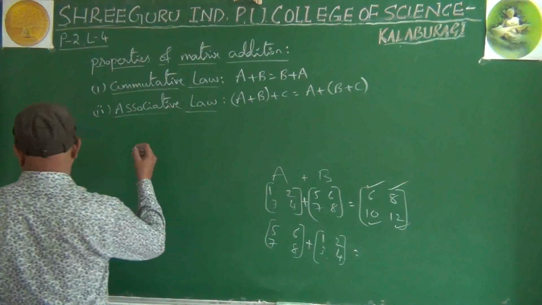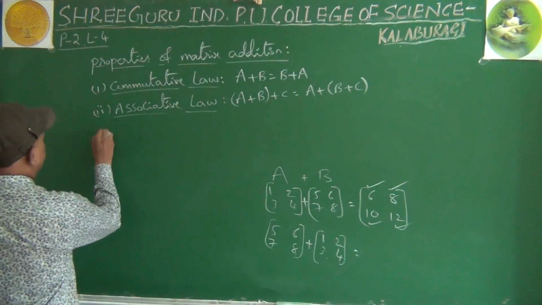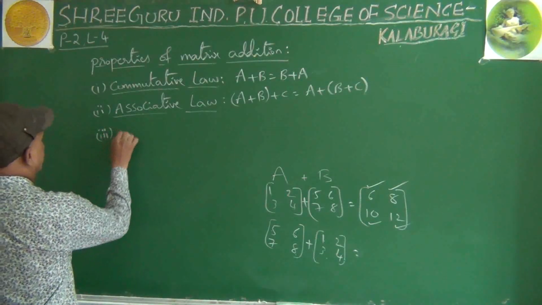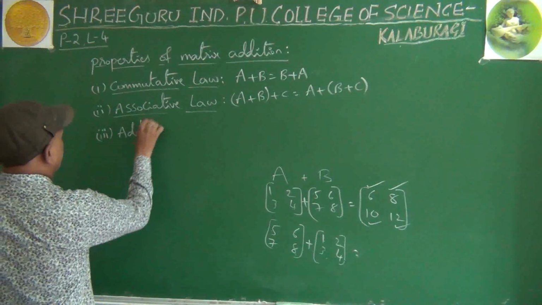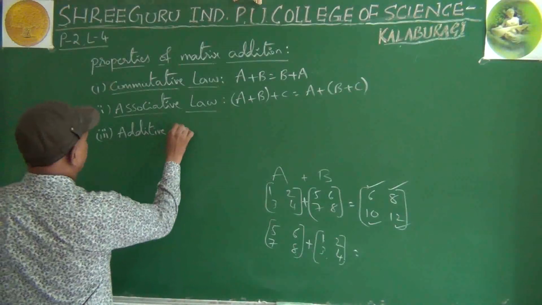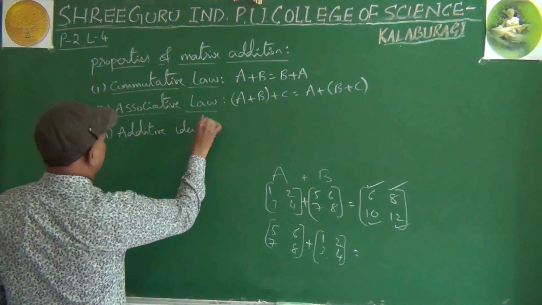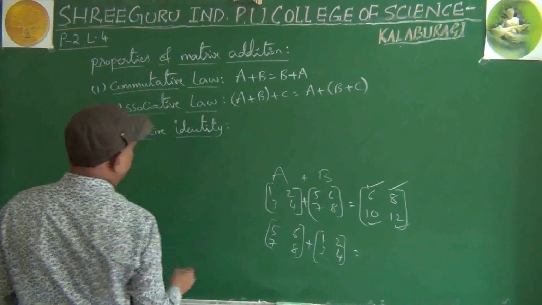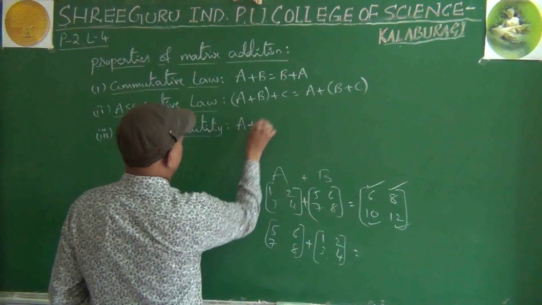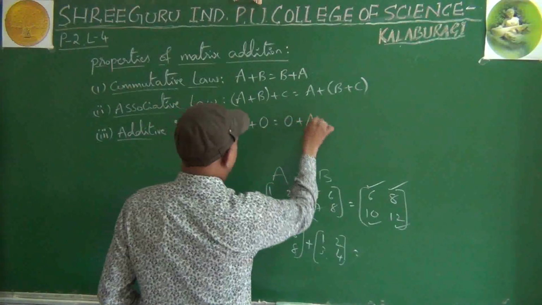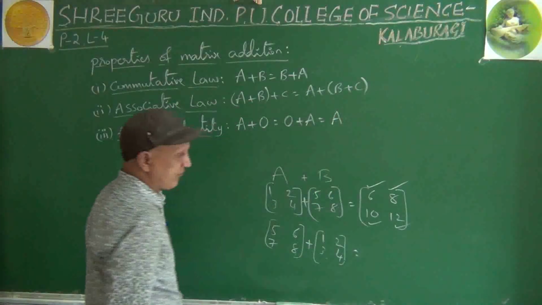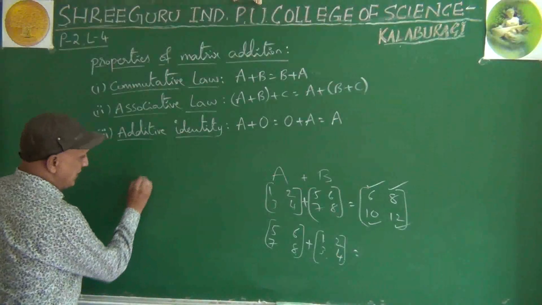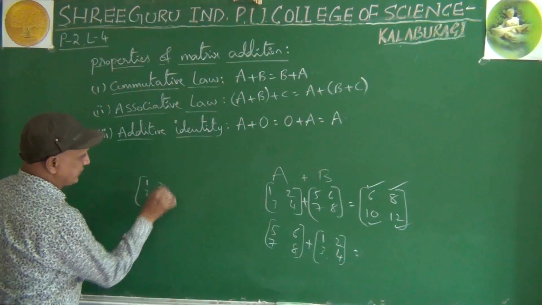Next, existence of additive identity. Additive identity means A plus O, O plus A equals A. For example, capital A is 1, 2, 3, 4.